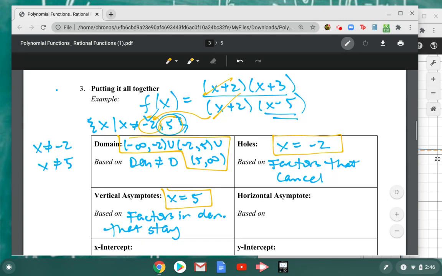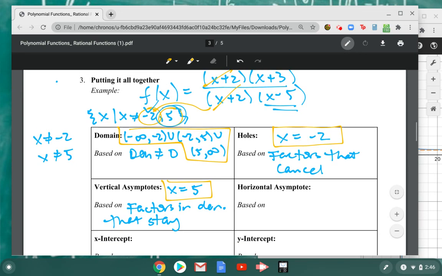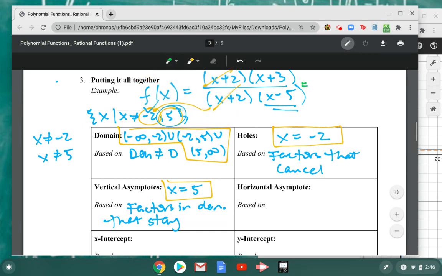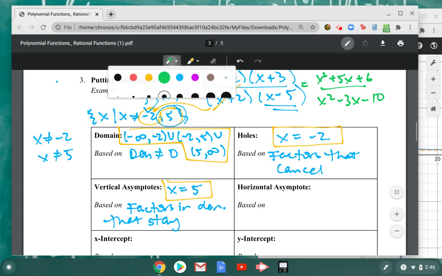Okay, there we go. Now we're going to move on into horizontal asymptotes. For horizontal asymptotes, it's actually really helpful to have this guy multiplied out. So I'm going to write it multiplied out, and I'll do that in green. Just doing a little FOIL here. So this is going to be x squared plus 5x plus 6. In the denominator, we get x squared minus 5 plus 2, so minus 3x minus 10. It's based on end behavior.